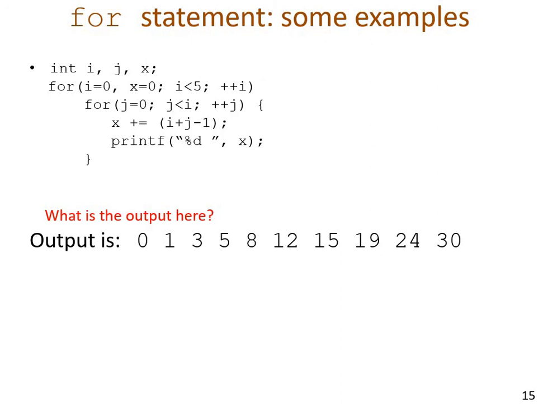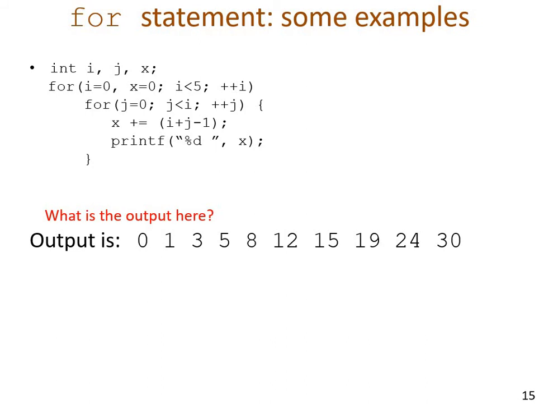For example, if you execute this statement in the program, then you will get the below output here with the declaration. And then you have the initialization i equals 0, x equals 0. If i less than 5, then it will increment the i value. Then you have another for loop.